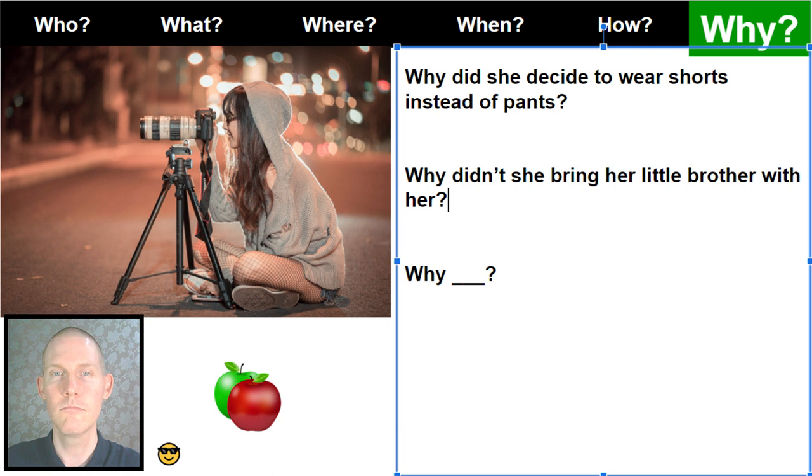Right? Maybe her little brother likes photography as well, but this time she decided not to bring him. Let's see, why does she and her boyfriend fight so much?